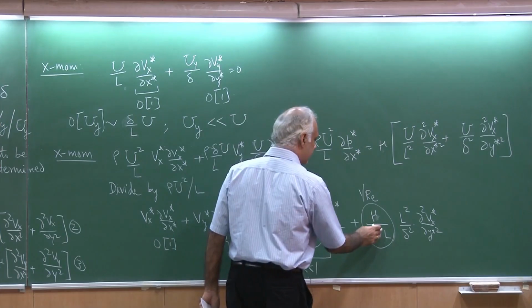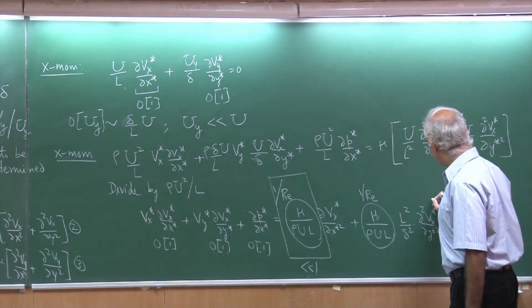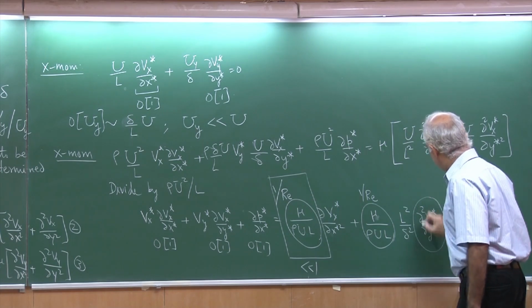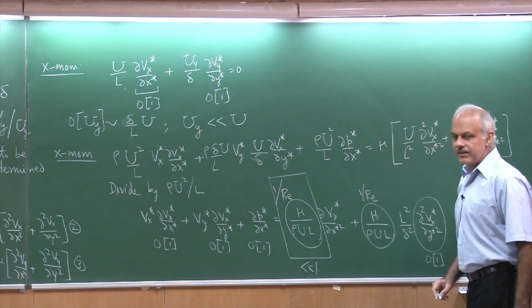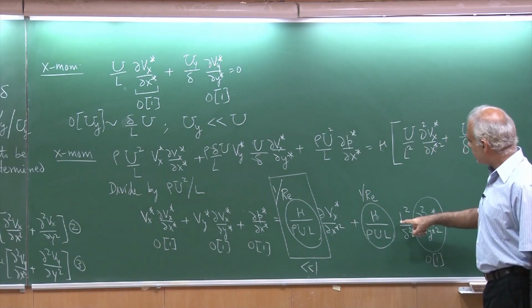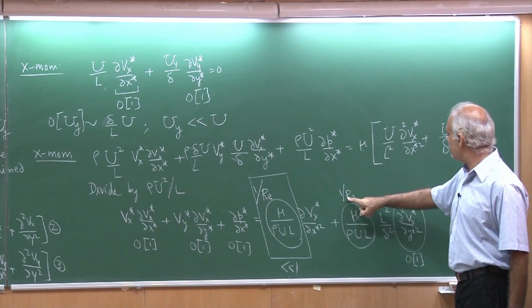And I would like the viscous term to be of the order of 1, and if this term is of the order of 1, then I can conclude that the product of this and 1 by Re should be of the order of 1.